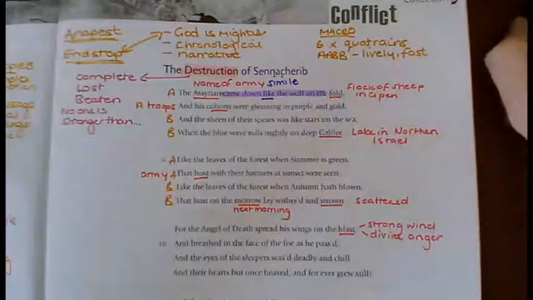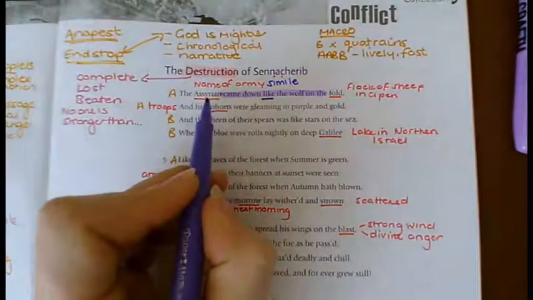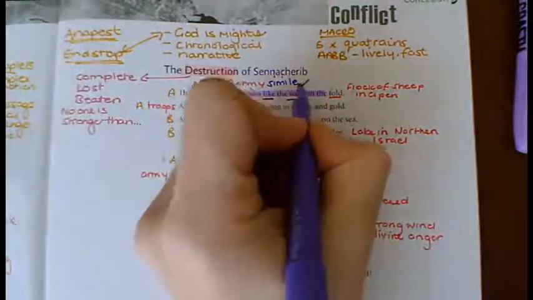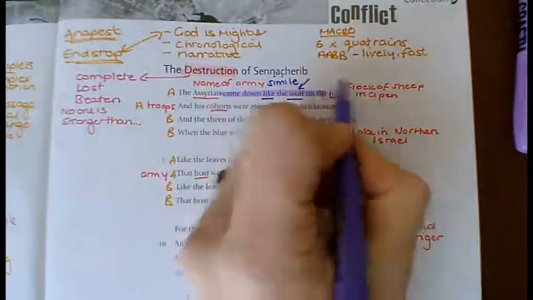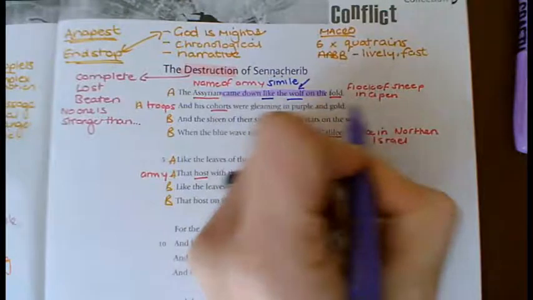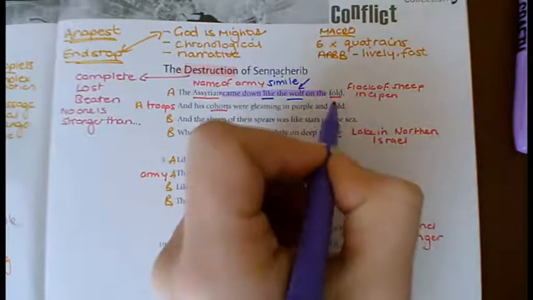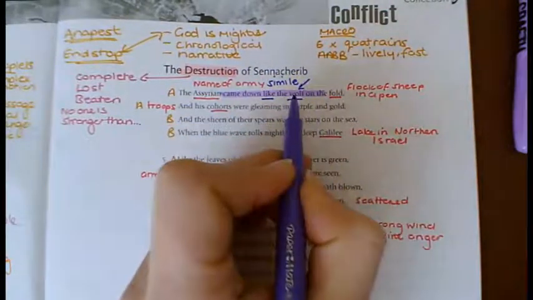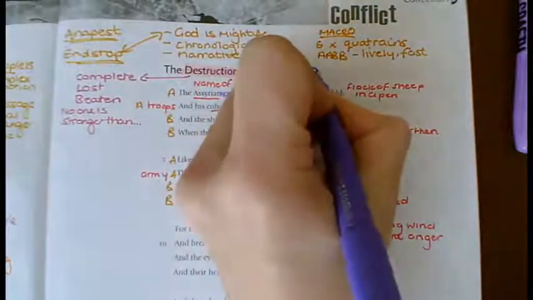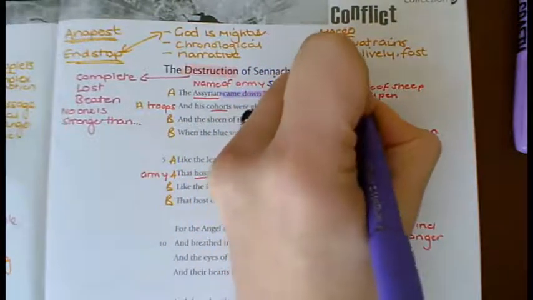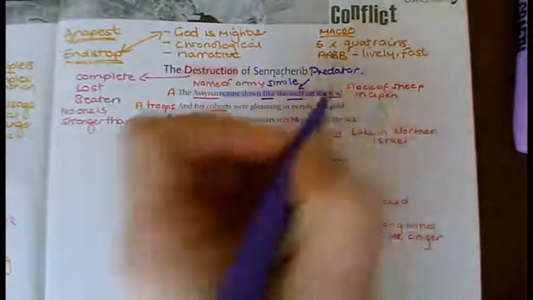We have to zoom in on what the image is of. So it's comparing the Assyrian army to a wolf against the fold being Jerusalem, the people of Jerusalem, which are like sheep. So we get this setup here of like predator and prey. And that's your first inference.